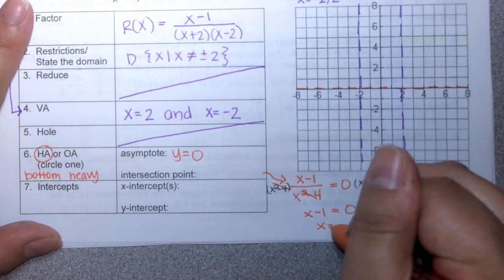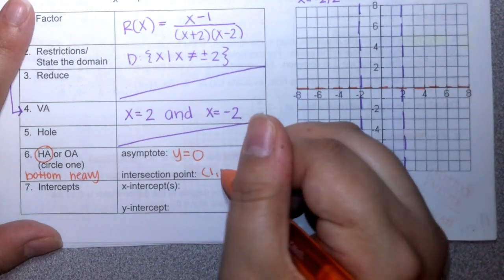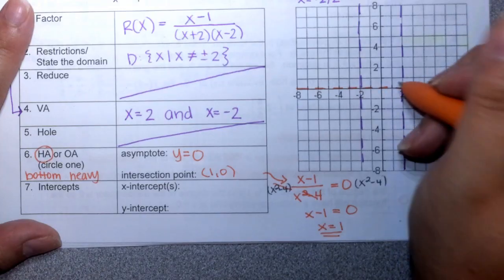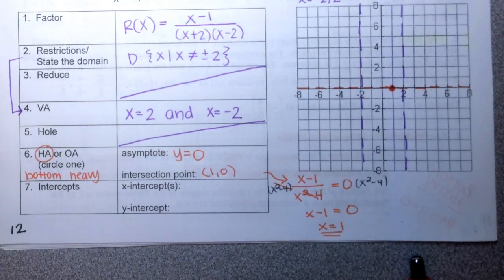So x equals 1. So the intersection point is at 1, 0. Plot a point at 1, 0. It is. I won't lie to you.